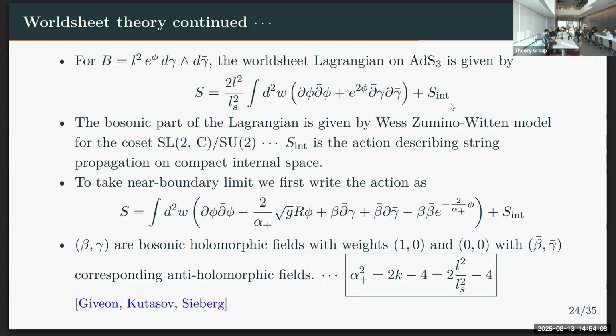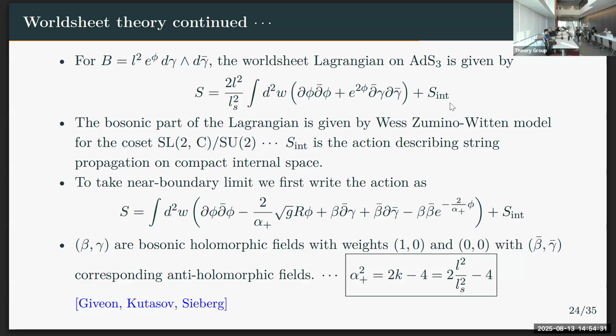But when you are quantizing the theory and doing the path integral, the measure picks up a certain contribution. Because of that, the dilaton field is shifted, and similarly that exponent can also be normalized. So you get this action, but you can always go back to the original action.